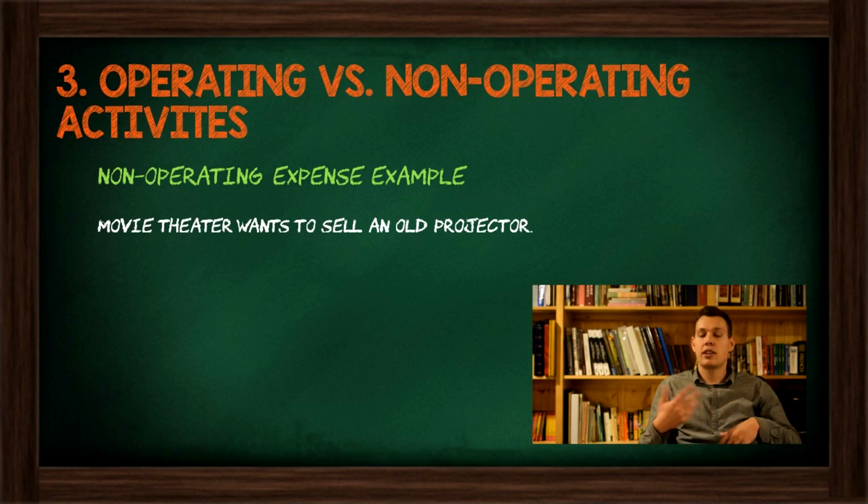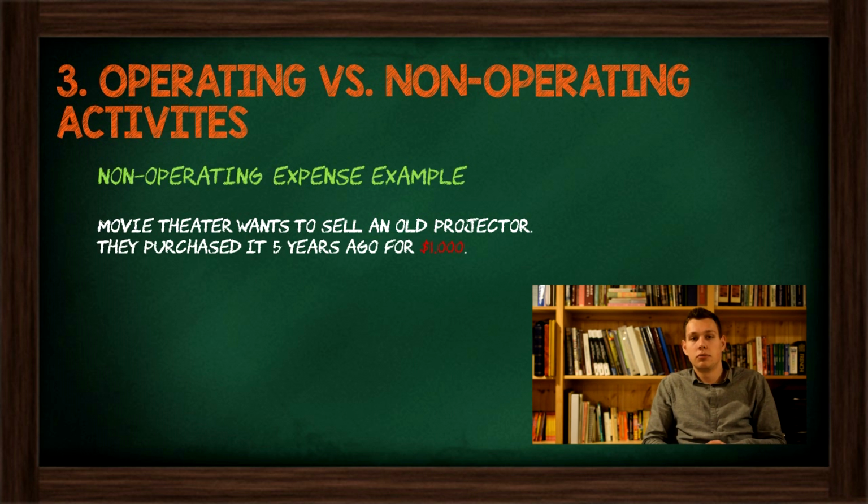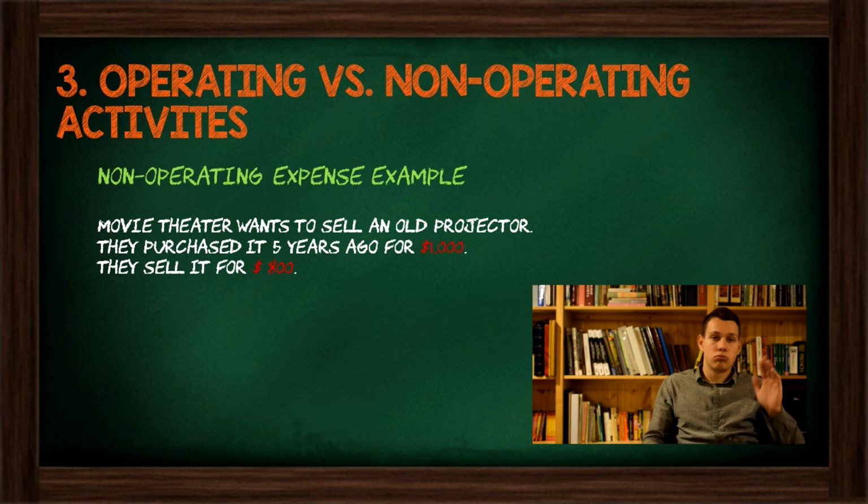Another example of a non-operating expense is, let's say the movie theater company decided to sell one of their old projectors. Let's say they bought this projector about 5 years ago, right? Bought it 5 years ago for about $1,000, right? So now they're trying to dispose of it, and they end up selling the projector for scraps for about $800, okay?